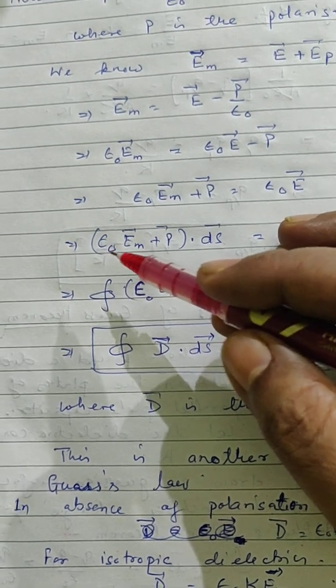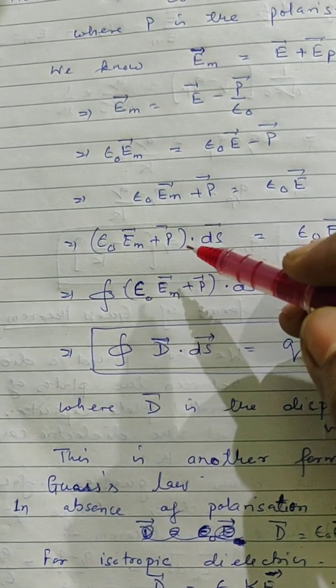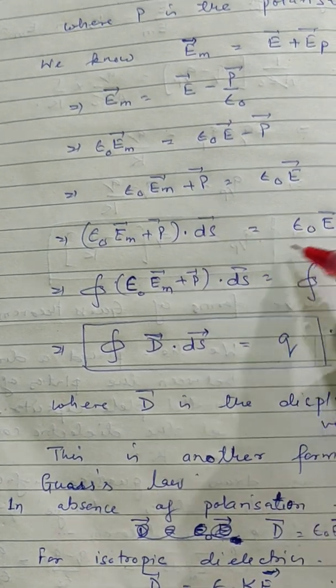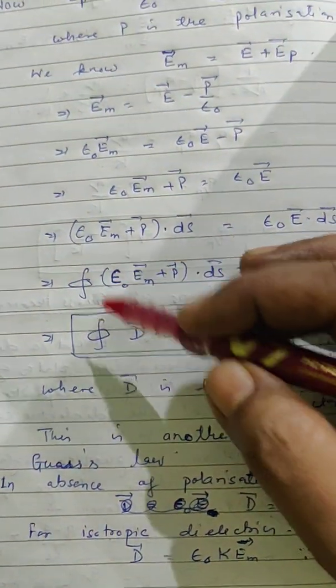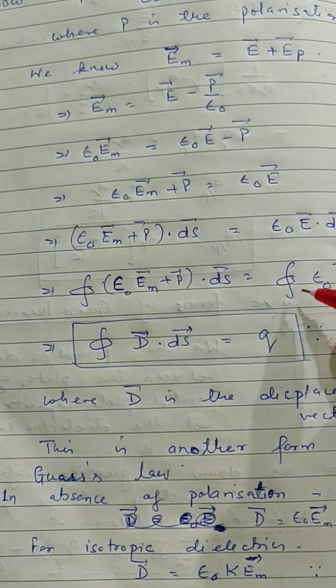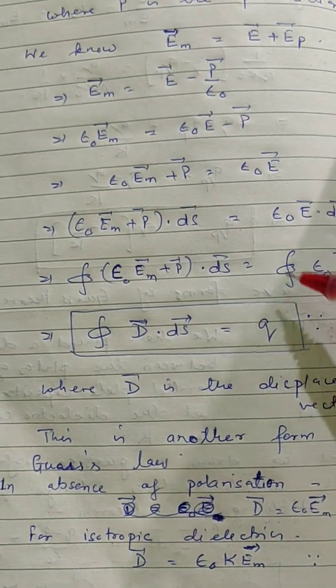And this epsilon naught EM plus P, I have taken the dot product of the area vector on both the sides, dot ds, and here also dot ds, and then I have integrated over both the expressions on either side.